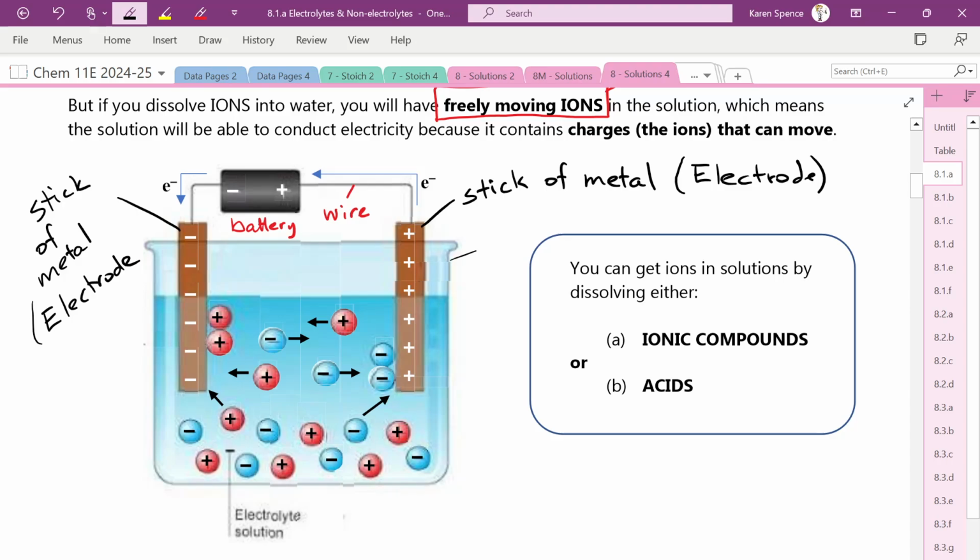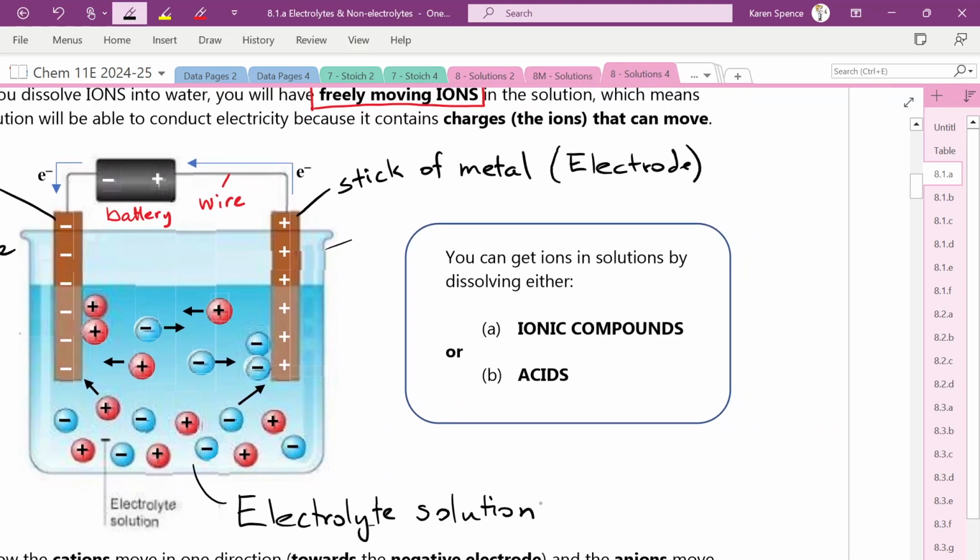Okay, so here we have, and that's hard to read, I'm going to relabel that. That is an electrolyte solution. And an electrolyte solution conducts electricity due to the presence of what?